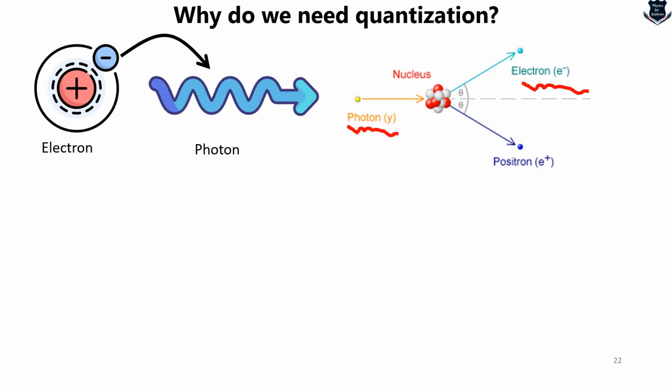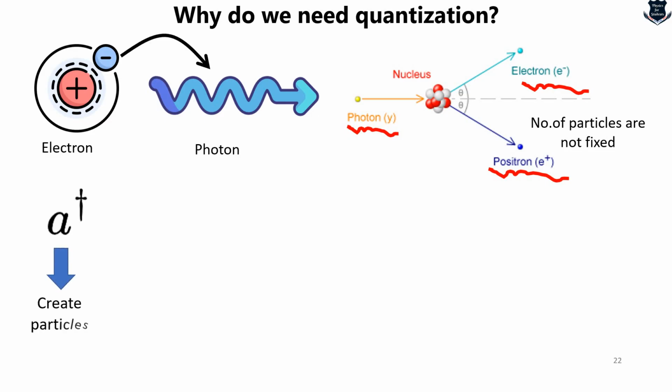This photon can produce an electron, and then again it can produce a positron pair, and in this process the number of particles changes from one photon to one electron and one positron. So here you can see the number of particles is absolutely not fixed. That is why I have just said that in quantum field theory the number of particles is not fixed, because it starts with one photon but it gives one electron and one positron.